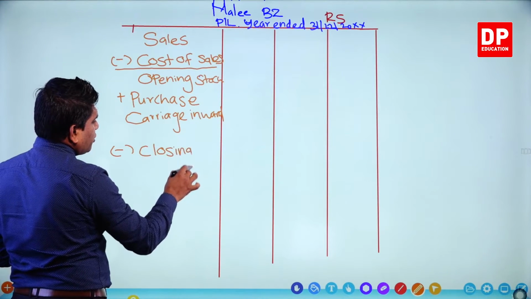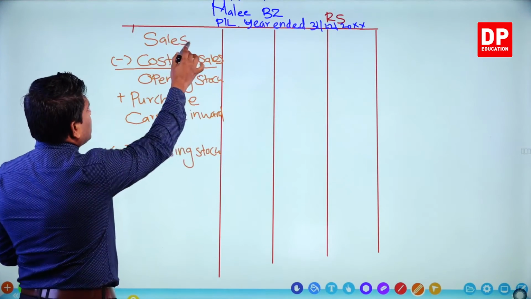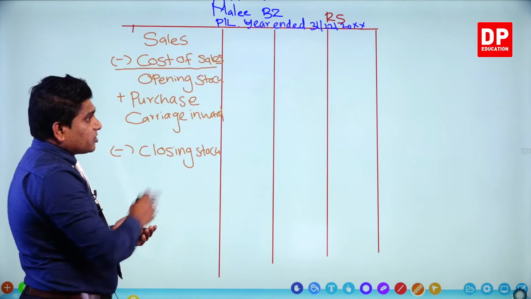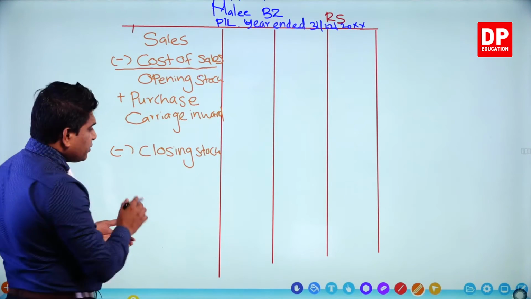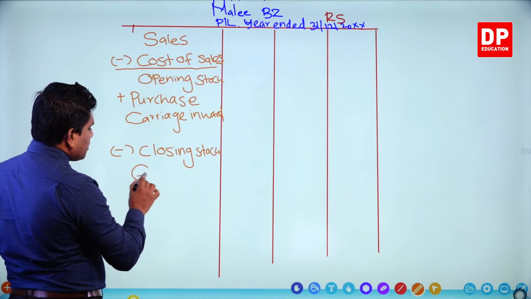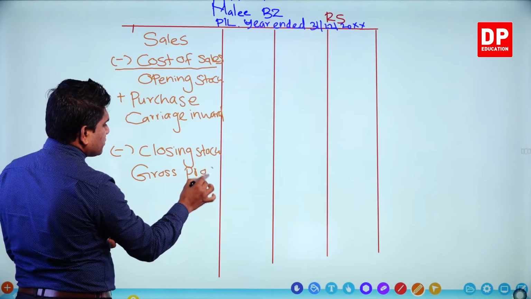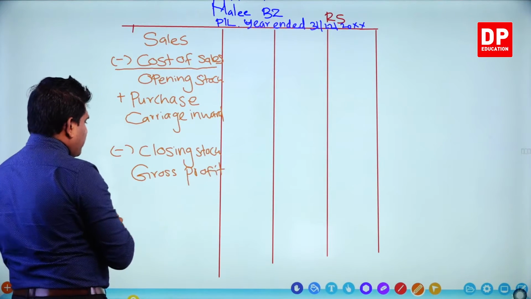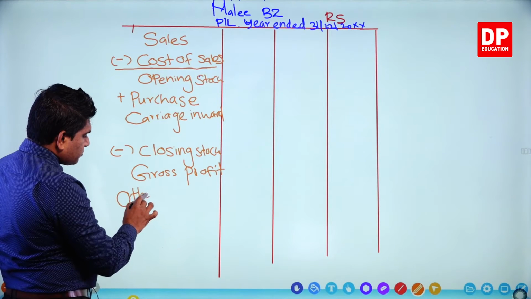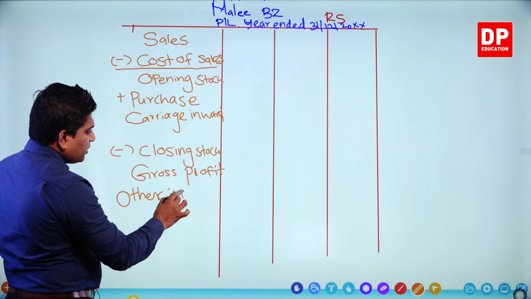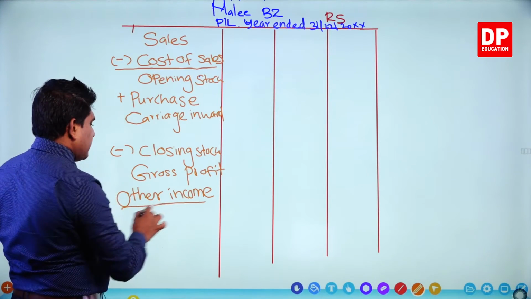After the closing stock, you can find the cost of sales. Sales was given. Then you can write gross profit. Then what you write? Other income. You underline here because it's like a heading.